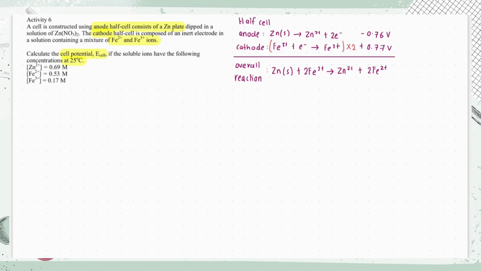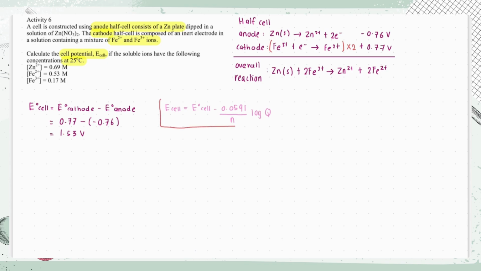So this is the overall reaction. Then, we need to calculate the standard cell potential. Using the formula for standard cell potential, we substitute the values from the sheet table. The standard cell potential for this reaction is 1.53 volt. Since we are working with non-standard conditions, we will use the Nernst equation to calculate the actual cell potential.